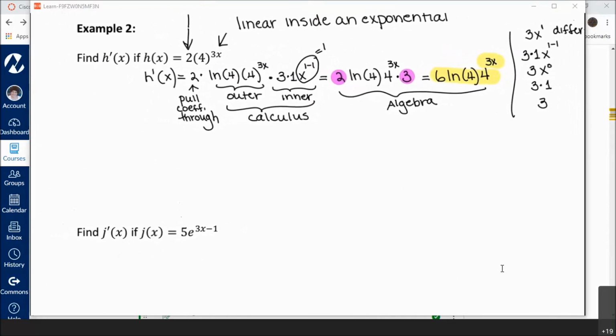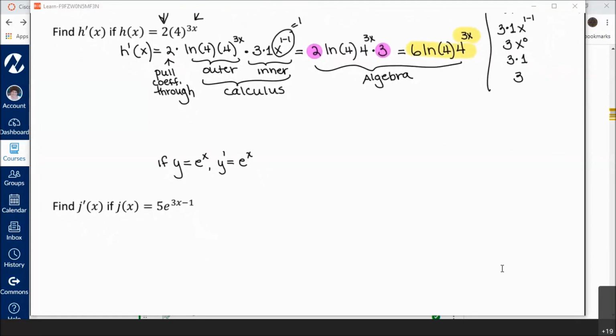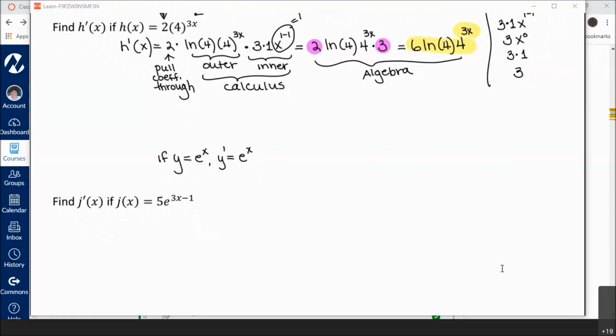And again, I'll put it up here. The derivative of e, if y is e to the x, y prime is still e to the x. I gotta remind you how to differentiate the exponential. Okay, give it a shot.